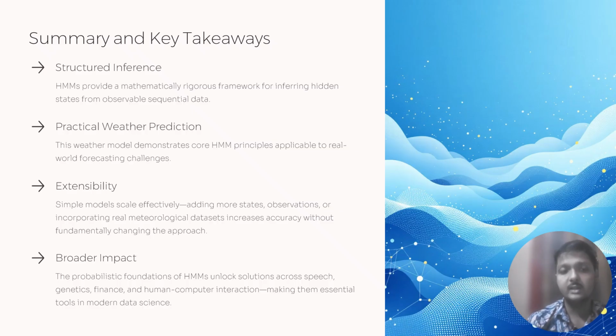Extensibility: the simple model scales effectively; adding more states and observations or incorporating real meteorological data sets increases accuracy without fundamentally changing the approach. Broader impact: the probability foundations of hidden Markov models unlock solutions across speech, genetics, finance and human-computer interaction, making them an essential tool in modern data science.